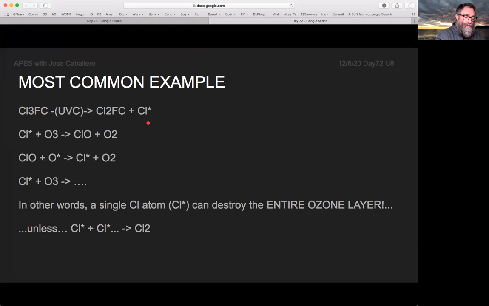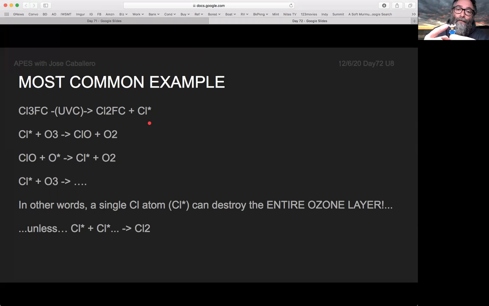So I want to introduce a particular and unique Lego character. Notice I gave this guy a wacky hat. I gave him a wacky hat so that you'd be able to keep track of this guy because he's going to do a lot of damage. Okay. This is a Cl asterisk. That's a single chlorine atom.